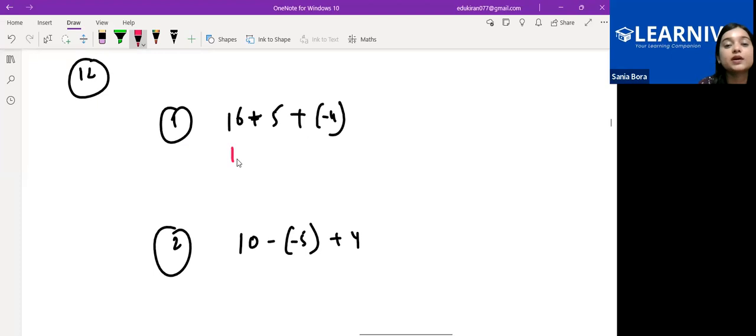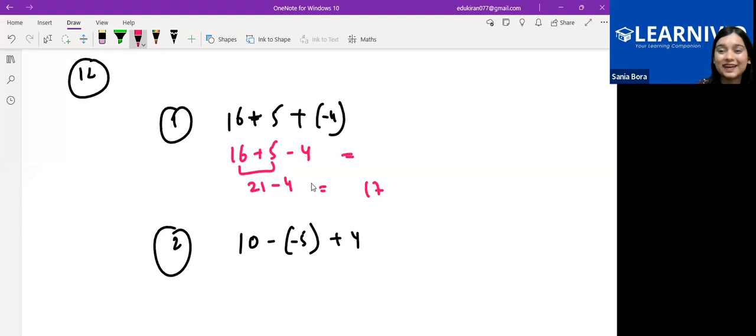First step, 16 plus 5 minus 4. After this, 16 plus 5, these two you will solve. So 16 and 5 would give you 21. 21 minus 4, 17.